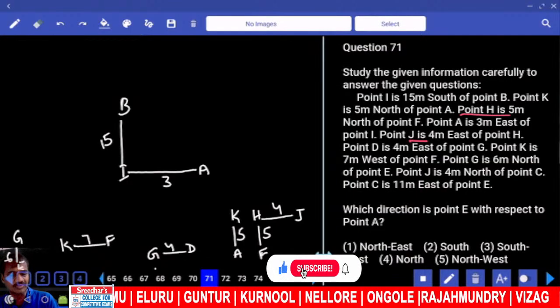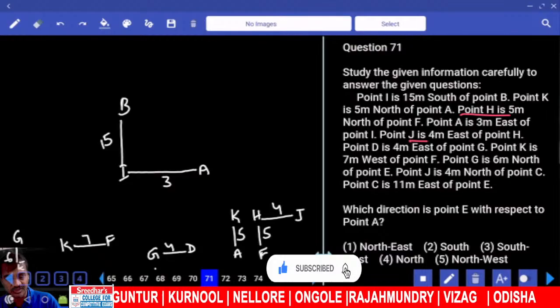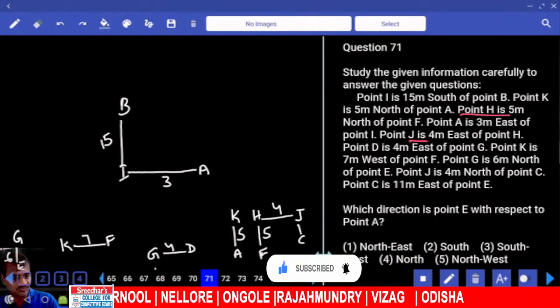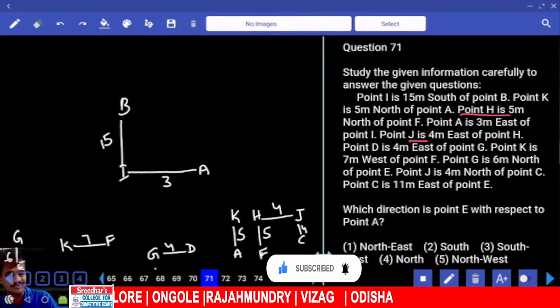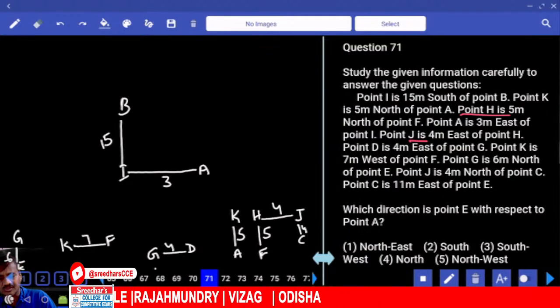And J is 4 meters to the north of C. The distance between J and C is 4 meters. And C is 11 meters to the east of E.